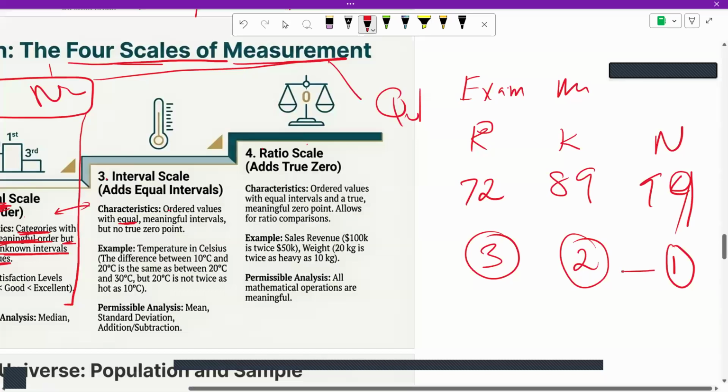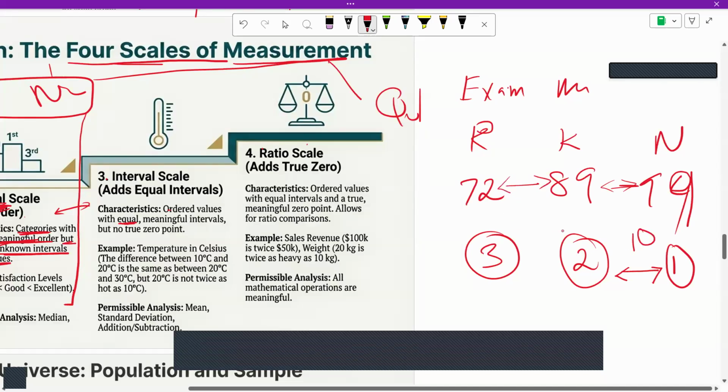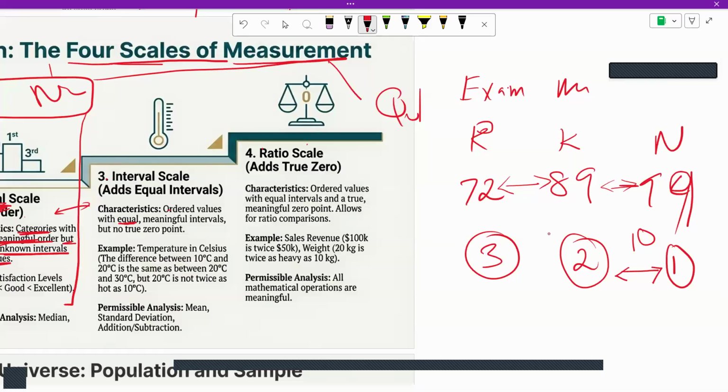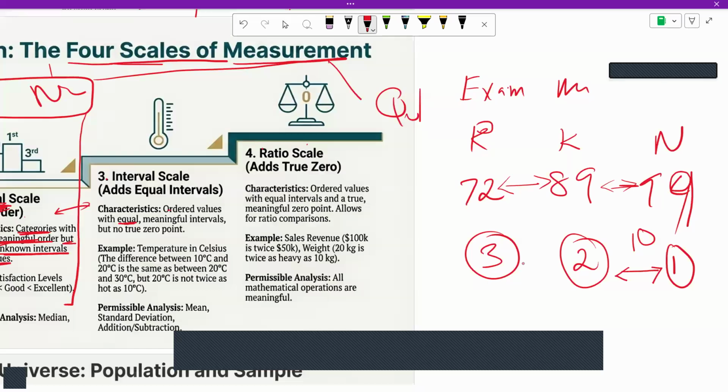You see the distance between rank 1 and 2, the marks difference, is 10. The difference between 2 and 3 is 17.